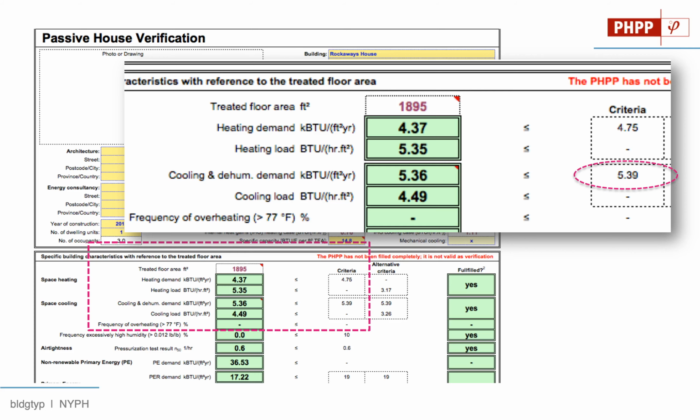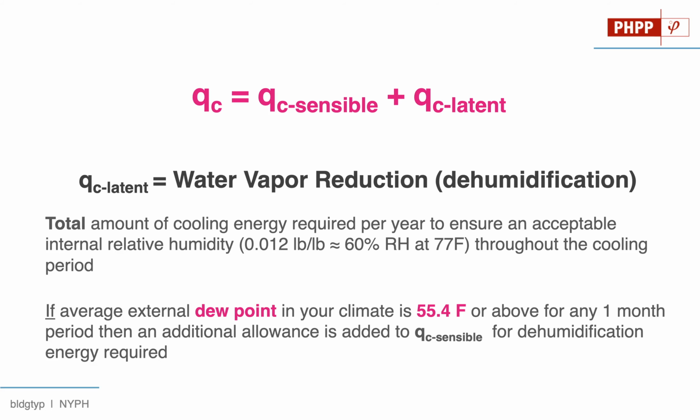Well, what PHI has determined over the years is that if you're in a very, very humid location, there are very few things that you can do to reduce the amount of energy needed to dehumidify your building. There are almost no levers available to you as a designer to modify the shell or the envelope of the building in a way that helps reduce that dehumidification need.